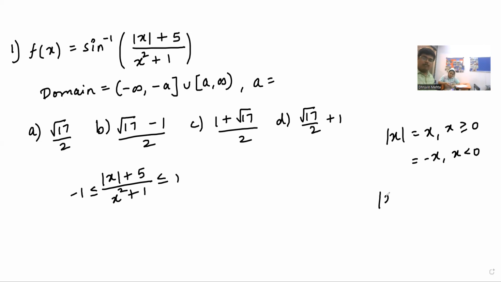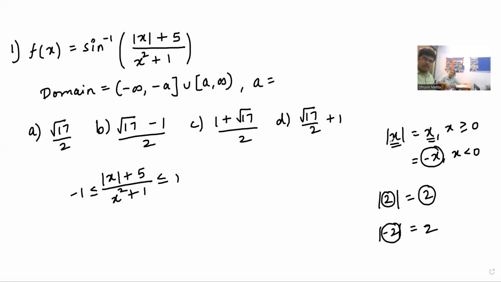When we have mod of a positive number, the sign of the answer and the sign of the number are the same. So x and this x are the same sign. But when we have a negative number, the sign of the answer and the x in the question are opposite signs.